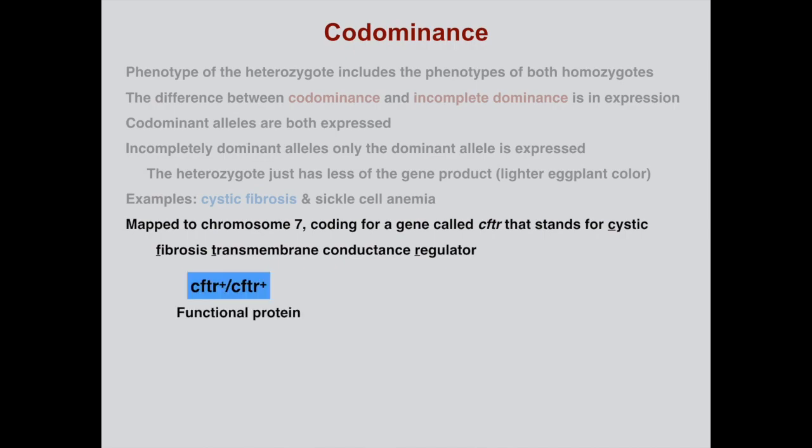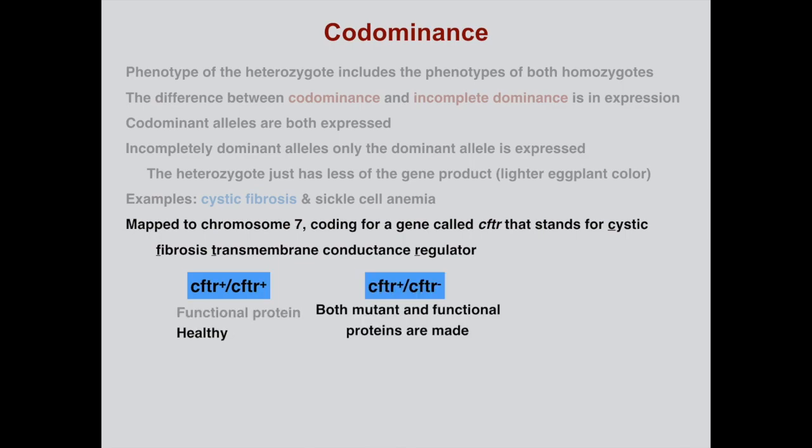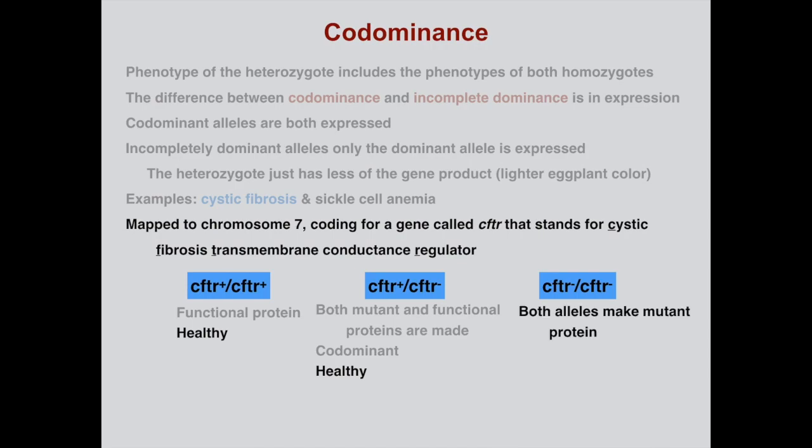Carriers, heterozygotes, express both the mutant and the functional protein, so it is codominant, and they are healthy. If you have two mutant alleles, both of the alleles will make the mutant protein, and you'll have cystic fibrosis.